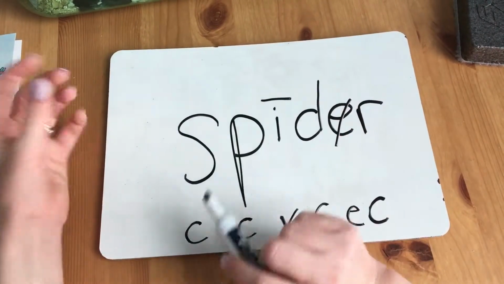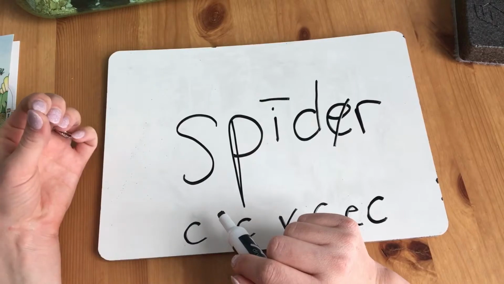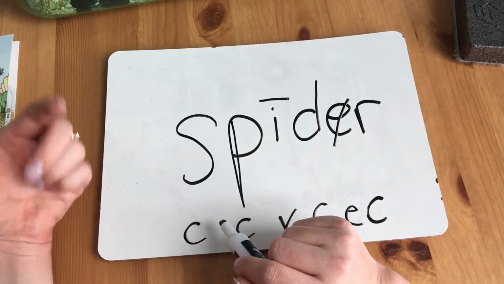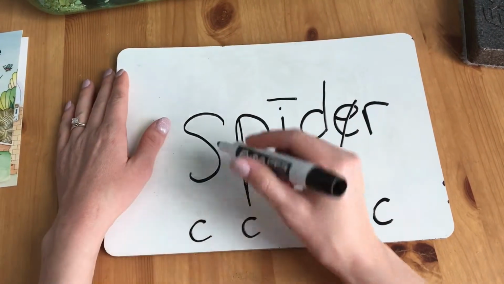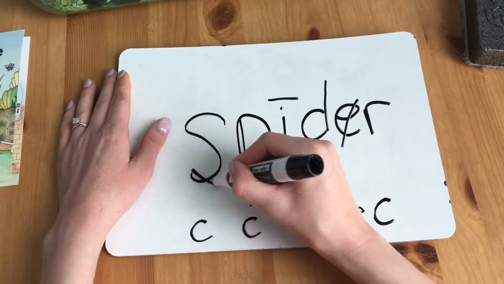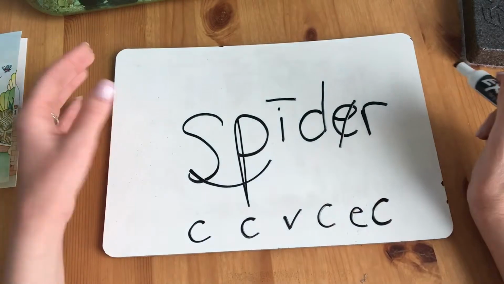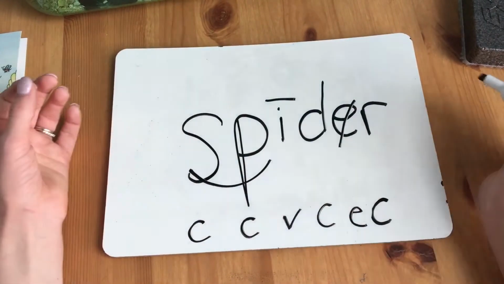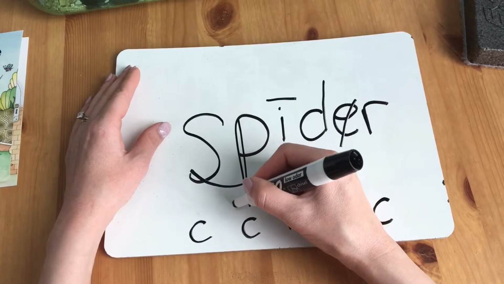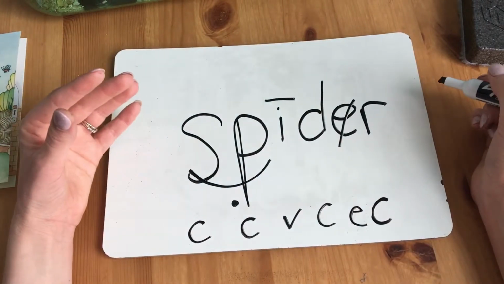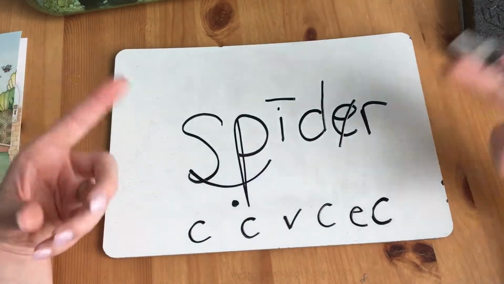S and P is a consonant blend, and it makes the sound sp. Say sp, sp. Good job. And I like to put S and P in a little arc. And because it comes together so quick, we're going to consider this one sound. So I'm going to give myself a little dot so I can sound this word together.